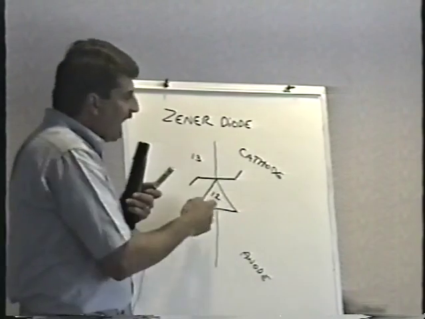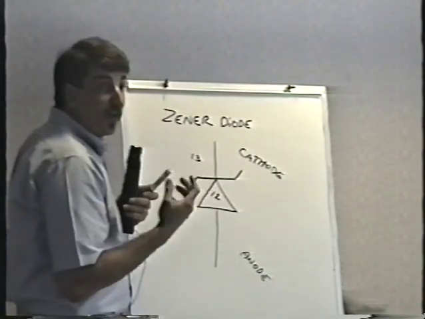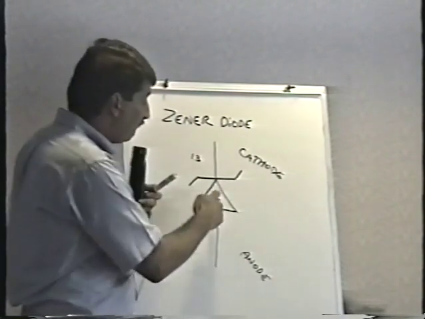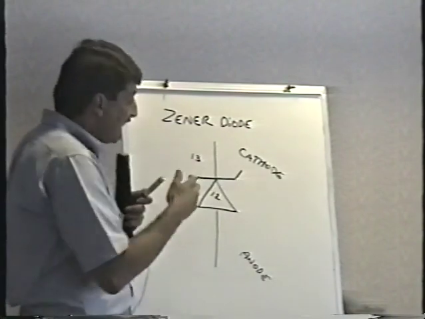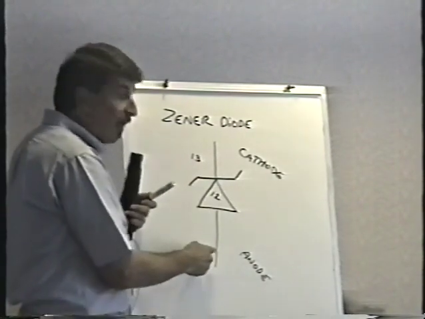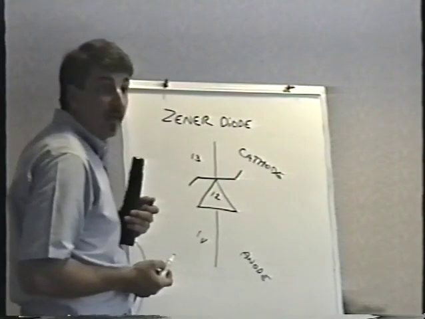It says, okay, you put 13 volts on my cathode, I'll start to conduct, but I'm going to keep the first 12 volts for myself. I'm a 12-volt Zener diode, damn it, I want the first 12 volts. Anything that's left, you can have out my anode over here, and it'll put 1 volt out over there, out the anode.